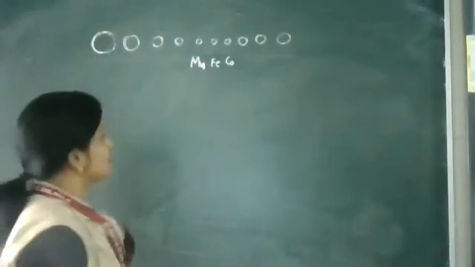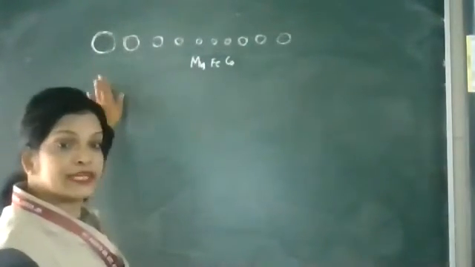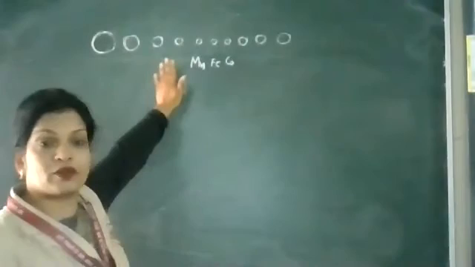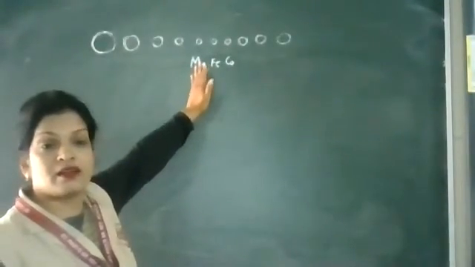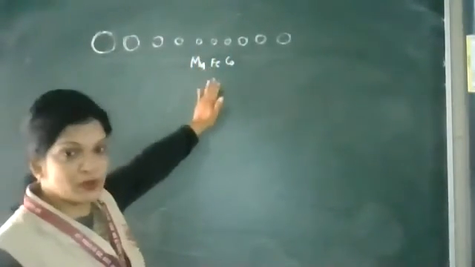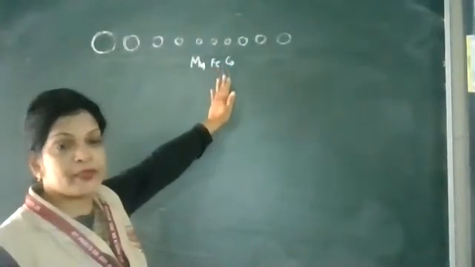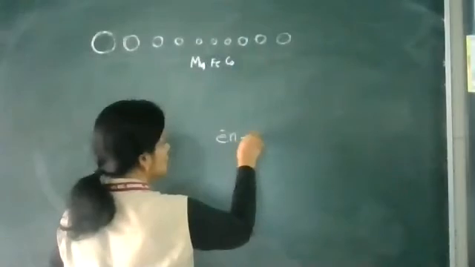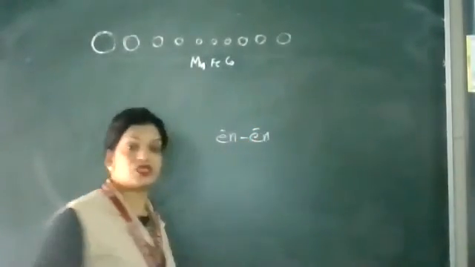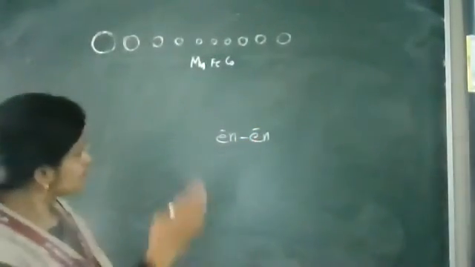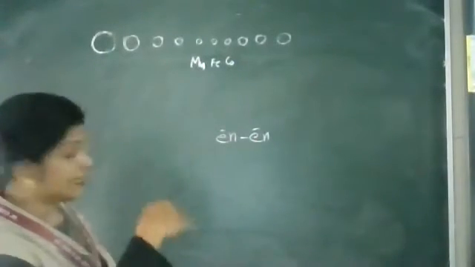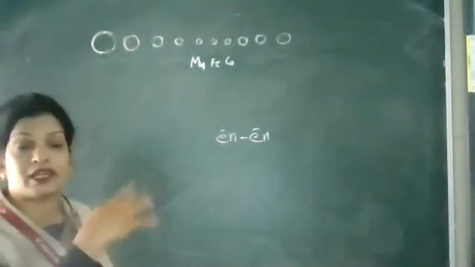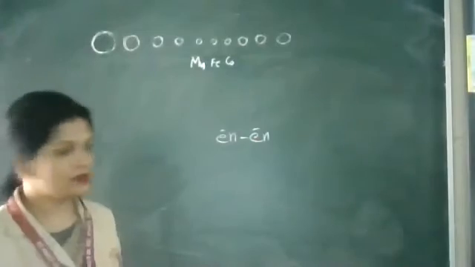The reason you can say: the very poor shielding effect of the electrons is counterbalanced by the electron repulsion caused by the addition of more and more electrons in the penultimate shell.